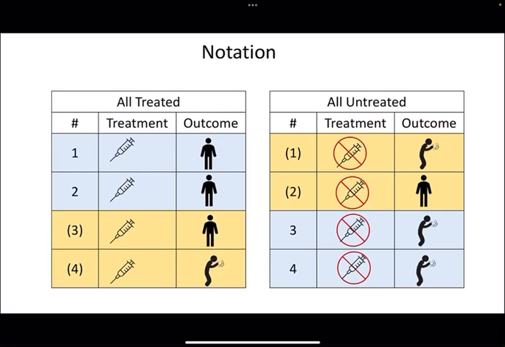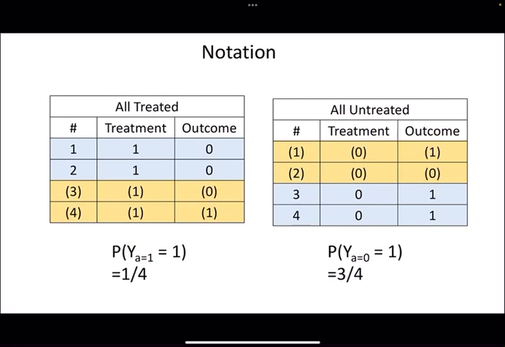And same as before, we can take this table where on the left we have all treated and on the right we have all untreated. That can also be resolved into code. And now we have our notation that we started talking about before in the last lecture.